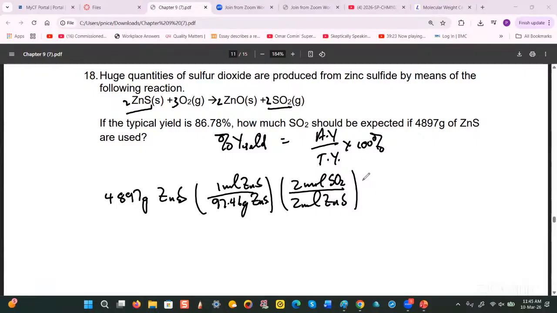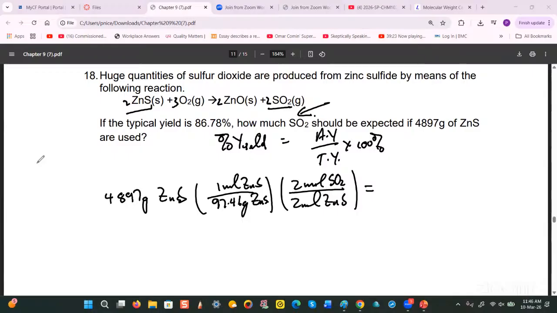Now in this case, they didn't specify whether you should express it in terms of moles or grams, right? I'm going to assume grams, but if you stop here and calculate the moles, I would have no problem with that. But I'm just going to go all the way to grams, right?